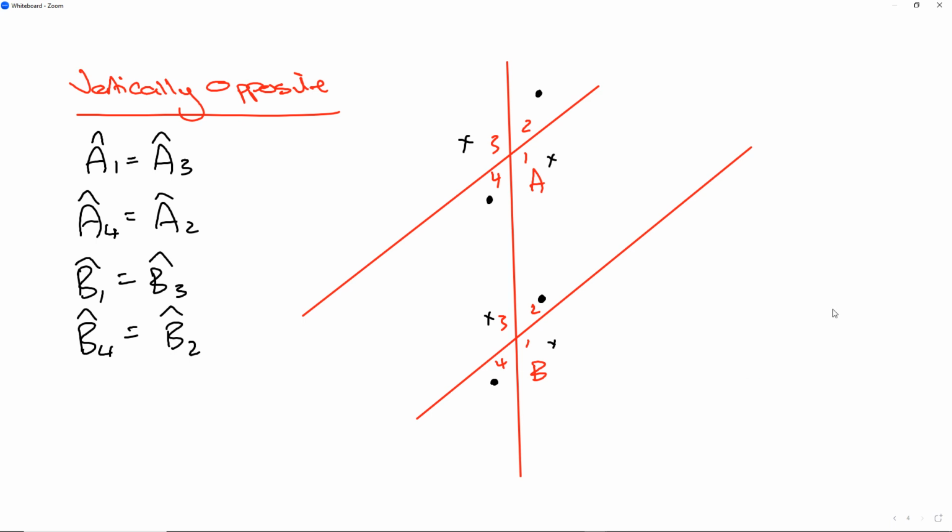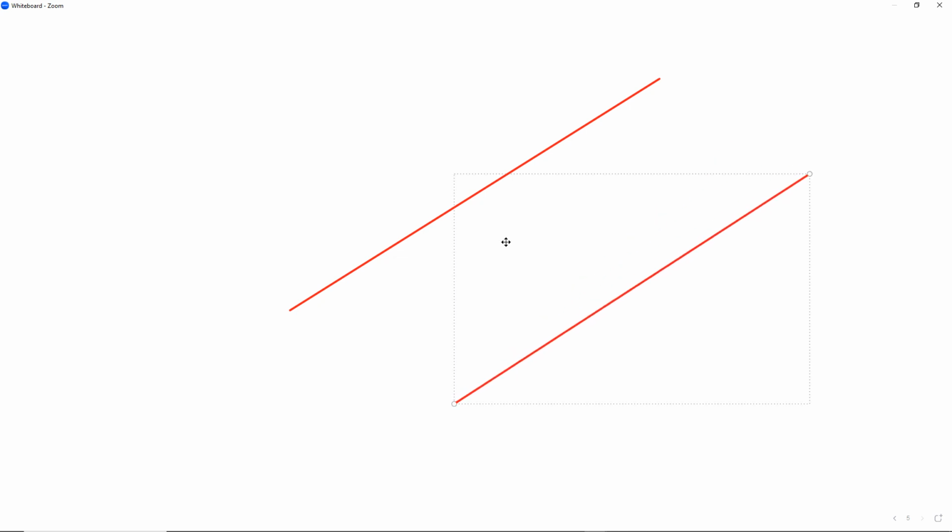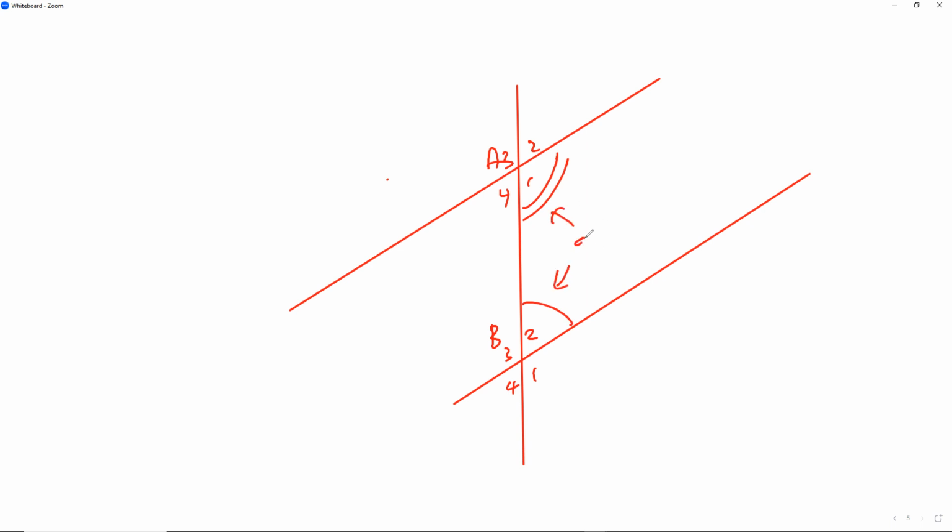The next one is not equal angles, but it adds up to 180 degrees. Together on the inside, I'm saying basically this angle and that angle will add up to 180 degrees.